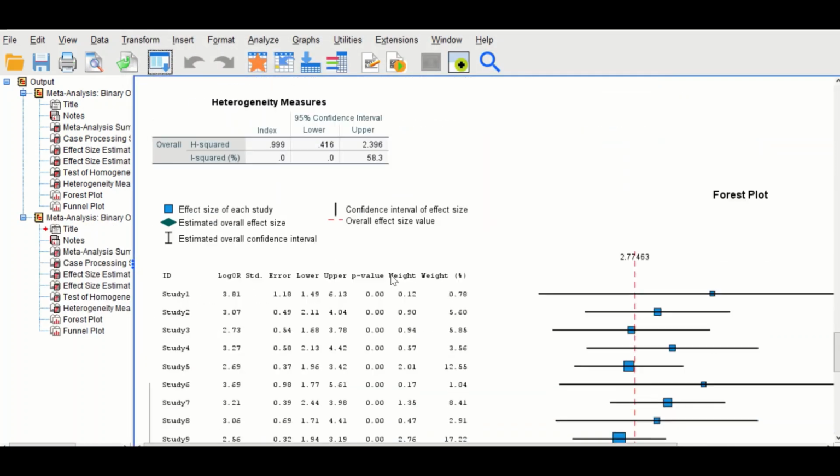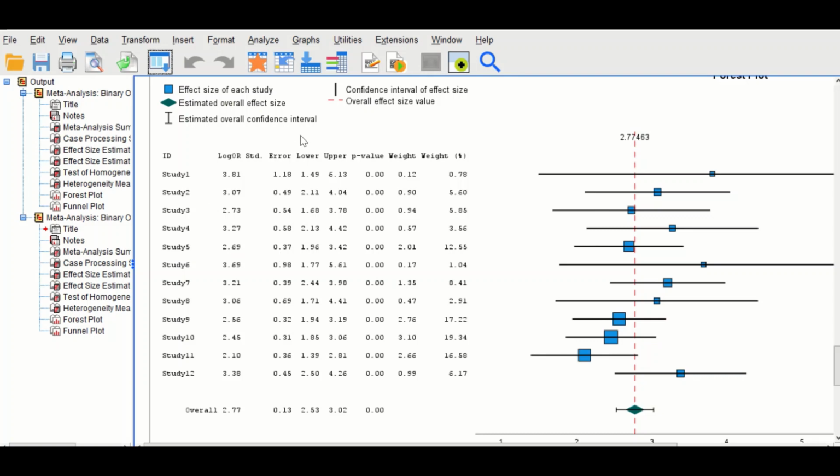And as shown here, the stats descriptive here is given in the log OR, and as shown from this output, each individual study has its own log odds ratio, and the standard error is generated, and 95% confidence interval for lower and upper, and a p-value.